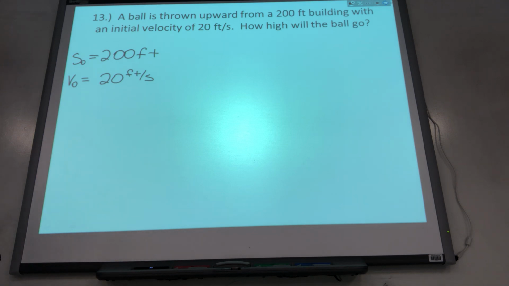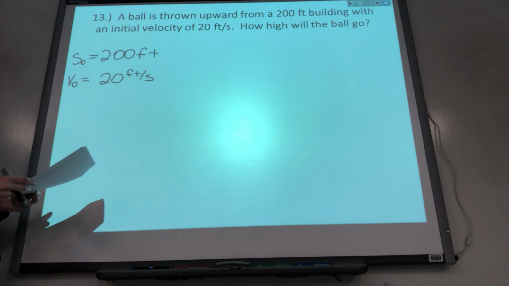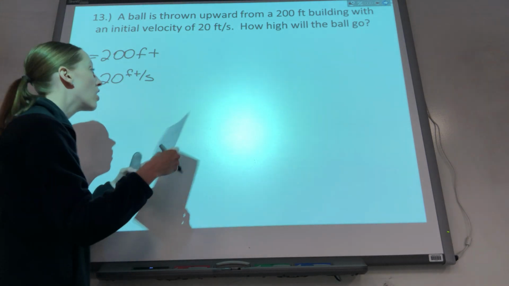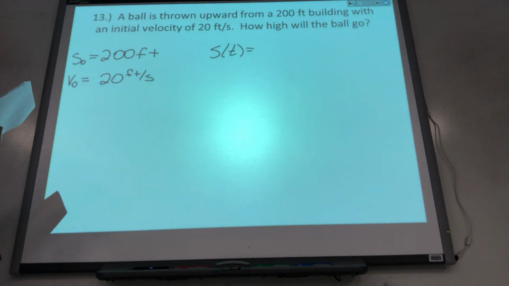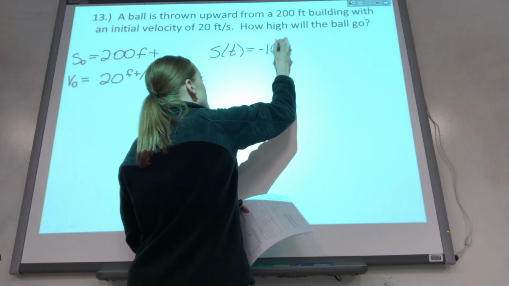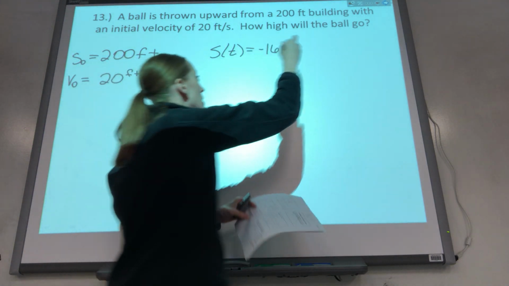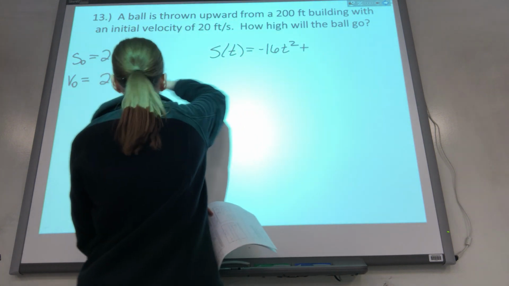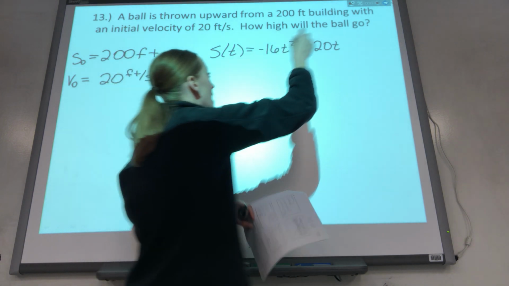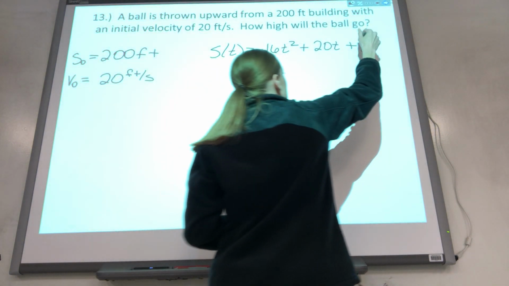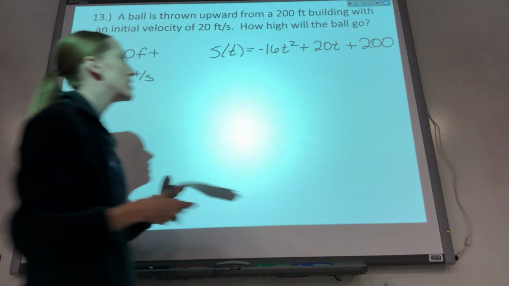Now, just to get us going, I'm going to take those two formulas that I gave you earlier, and I'm going to start to just plug in whatever I know already. So it doesn't really matter which one you go with first. But if you take that height formula, it said negative 16t squared plus v sub 0, which is 20t, and then plus s sub 0, which is 200.